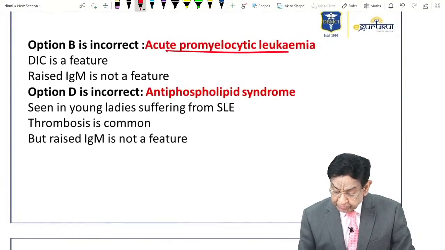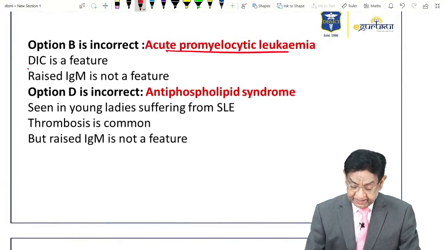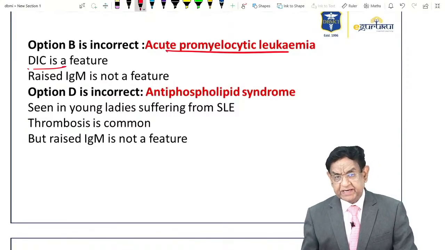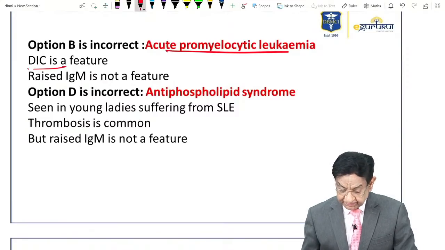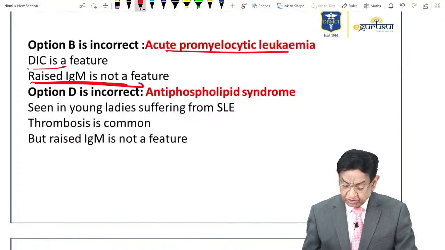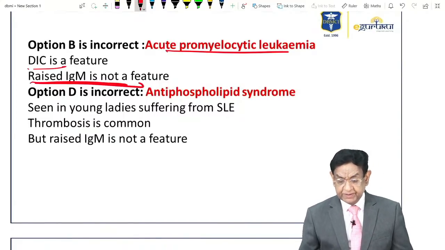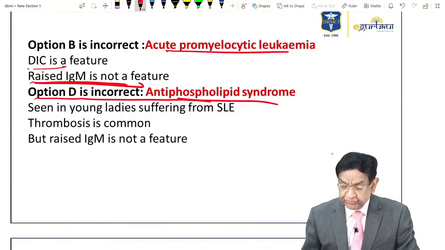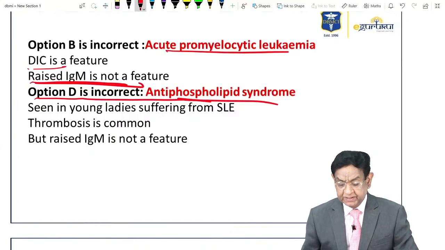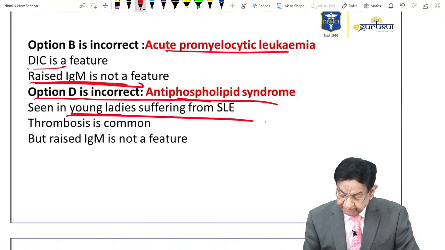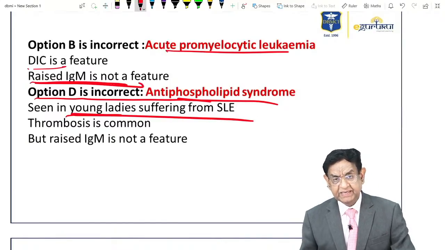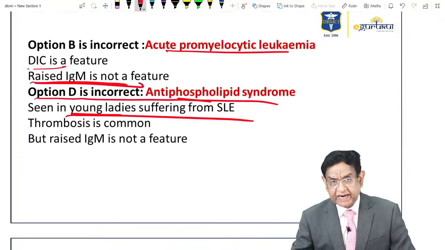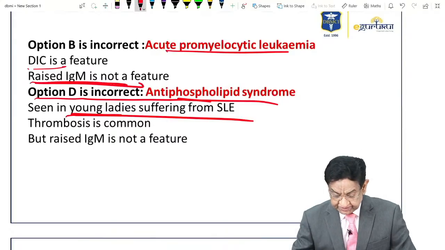Acute promyelocytic leukemia: here DIC, disseminated intravascular coagulation, is the feature. Raised IgM is not a feature. Antiphospholipid syndrome is seen in young females suffering from SLE. It's not a disease of a very elderly person of 65 years.